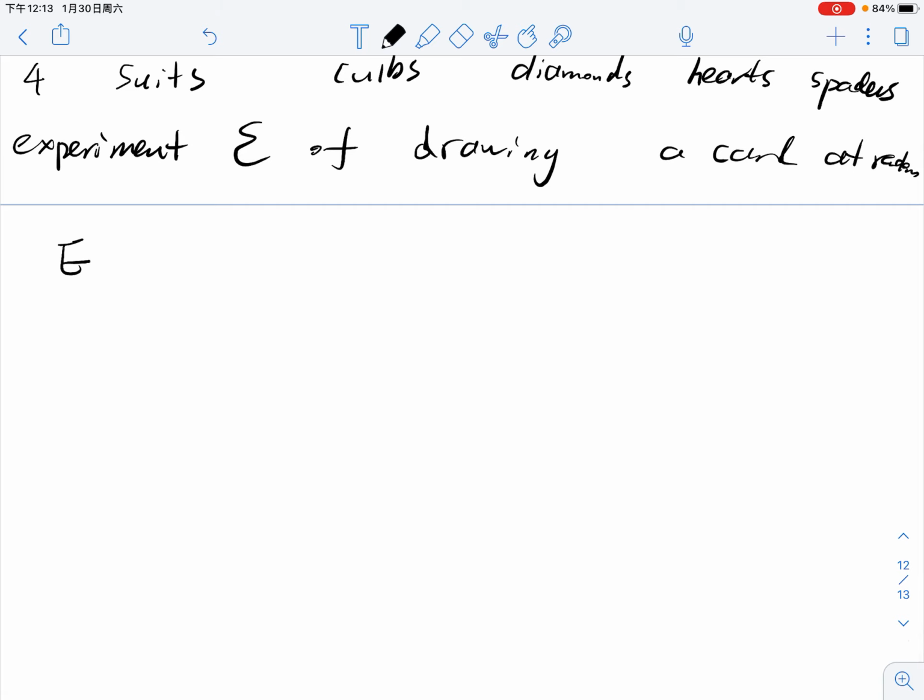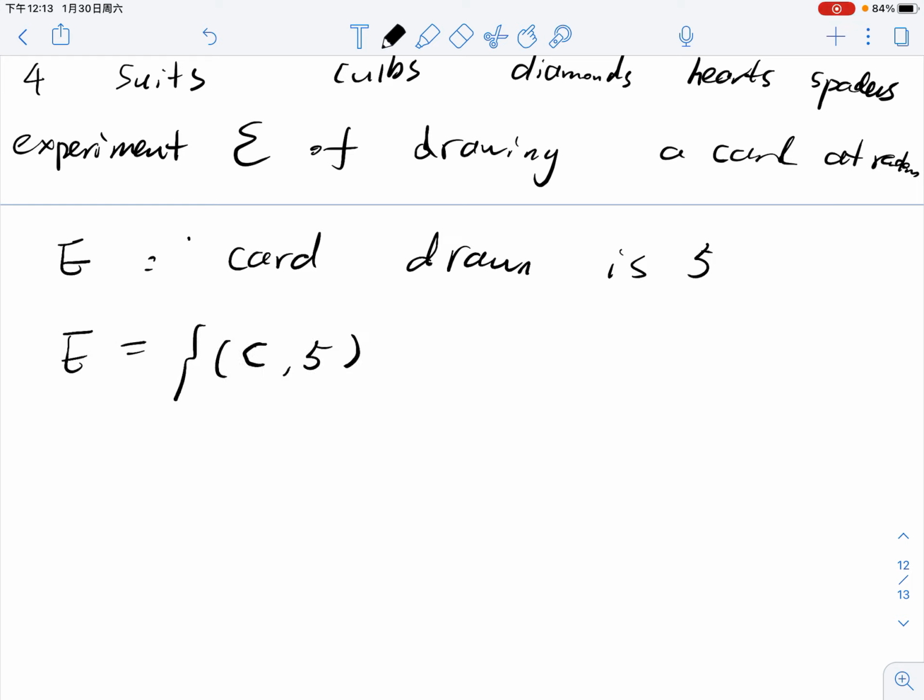So E is the event that the card drawn is a 5. Then you can write it this way: E is a set consisting of 4 elements: C5, D5, H5, S5.